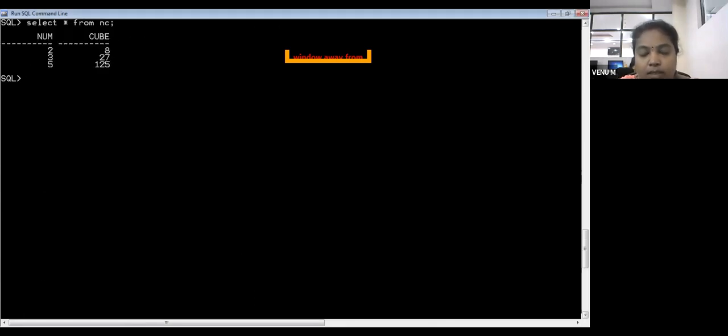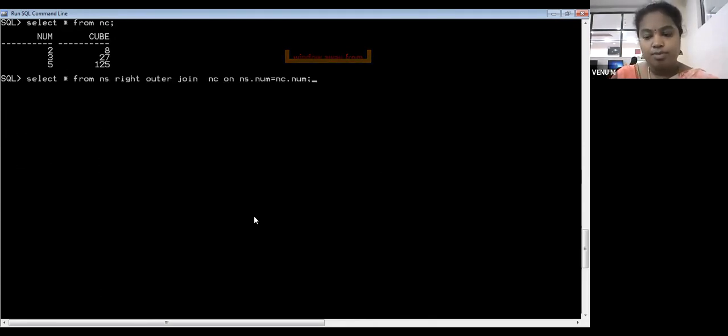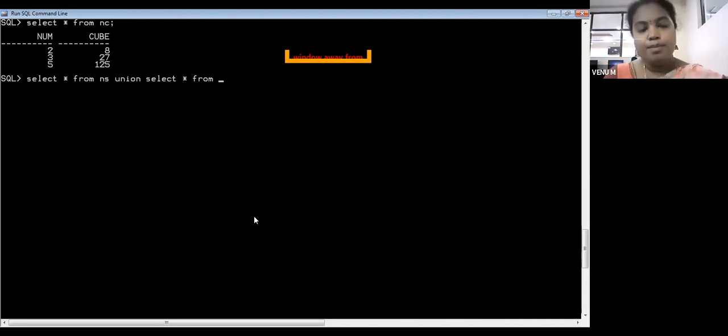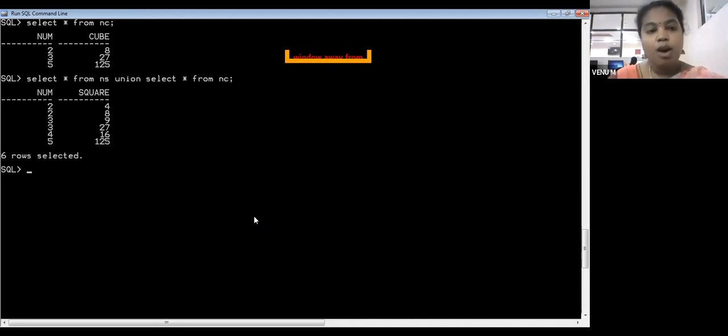We have to observe with the same theory the union operator. Select star from the two tables, where data has to be displayed by using the union operator on NS and NC.